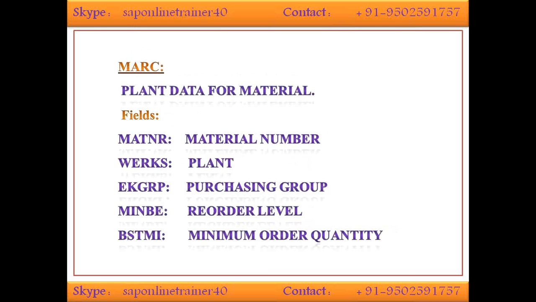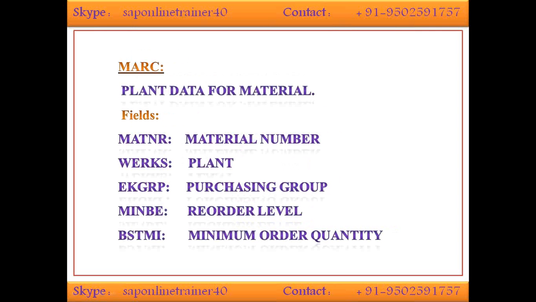Say for example, in your plant, if your reorder level is 400 but your quantity is 260, then what will you do now? You have to reorder. If it reaches the minimum order quantity, you have to reorder. Otherwise, production will be stopped.